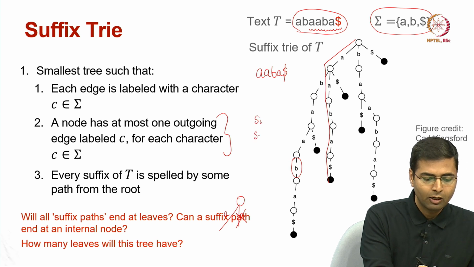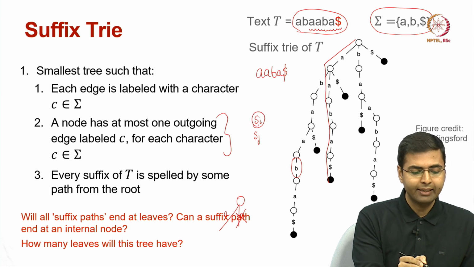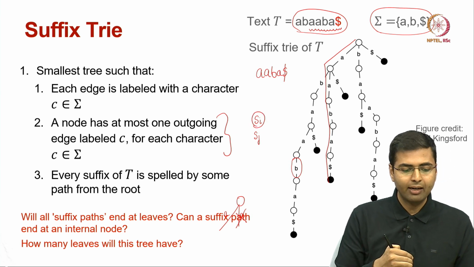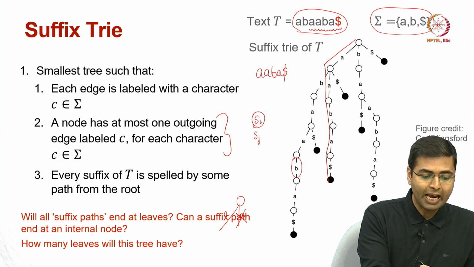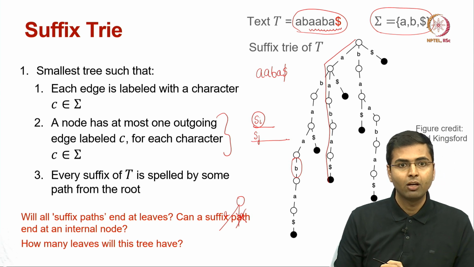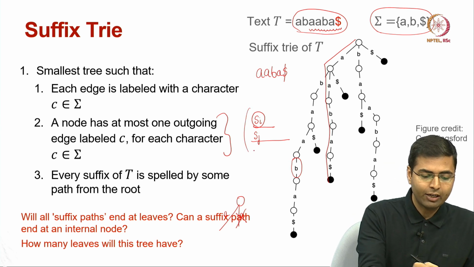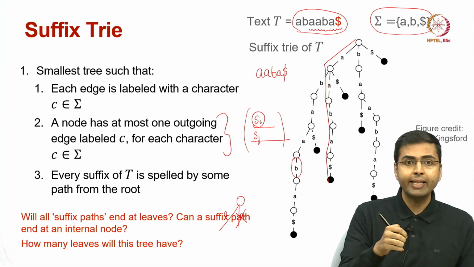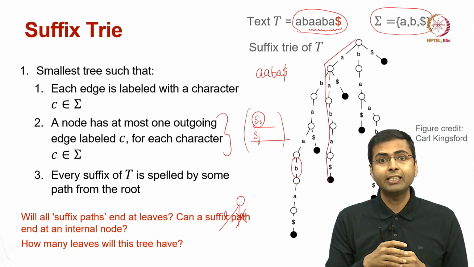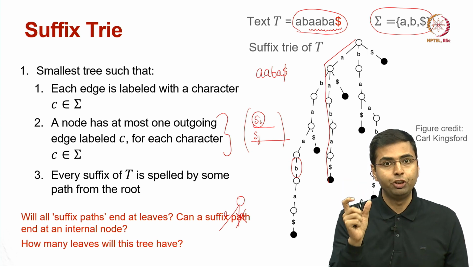So, suppose a suffix path Si ends at an internal node. Then that can happen only when a suffix Si is a prefix of a longer suffix Sj. But this condition cannot happen, because we are assuming that our text ends with the special symbol dollar, and dollar cannot occur anywhere in the text except the last position.